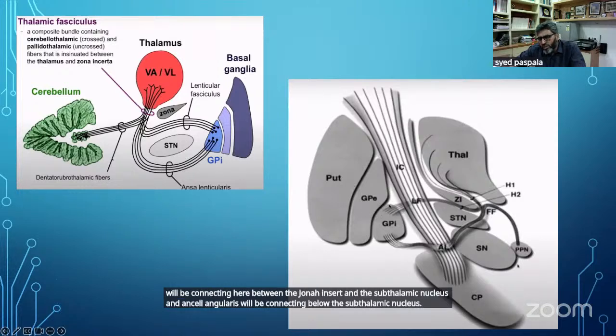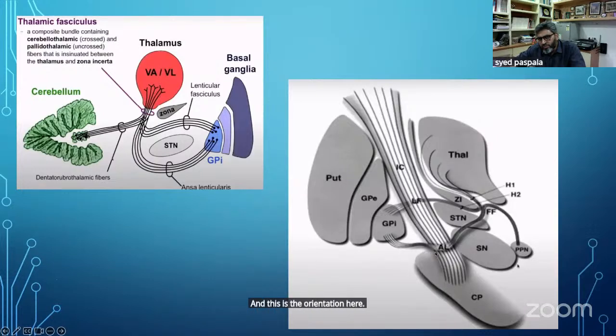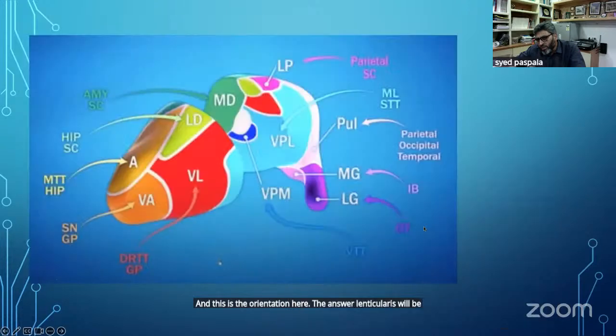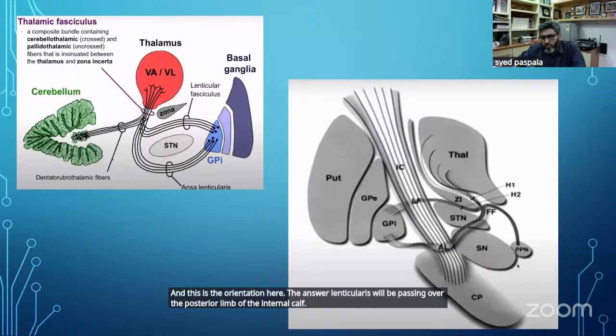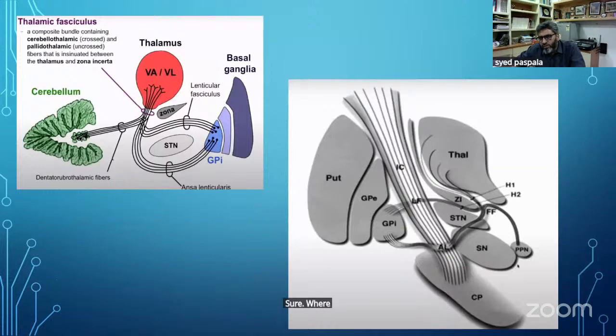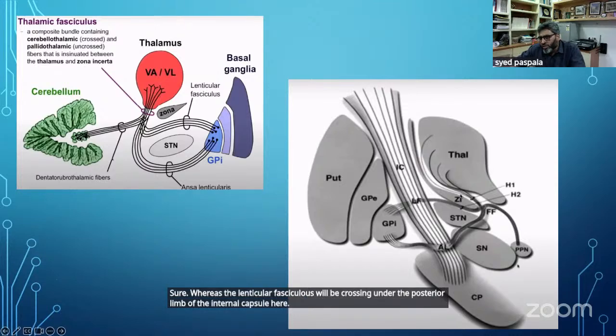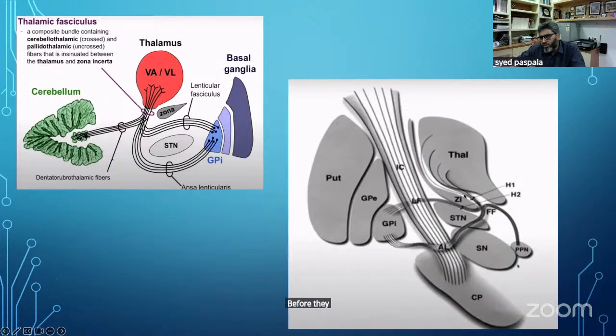And this is the orientation here. The ansa lenticularis will be passing over the posterior limb of the internal capsule, whereas the lenticular fasciculus will be crossing under the posterior limb of the internal capsule here before they join the thalamic fasciculus.